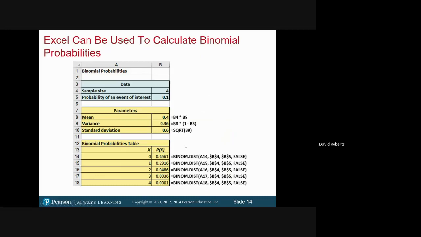You can see that the mean is simply B4, which is the sample size, times B5, which is the probability. So a 0.4 is the average or mean. The variance, you simply take B8, which is the mean, and multiply it by 1 minus the probability of success.